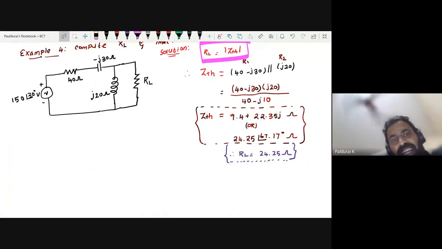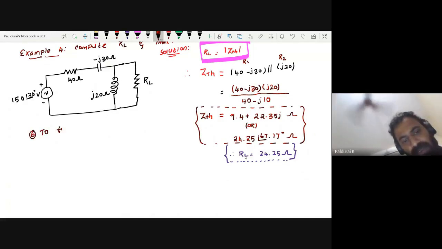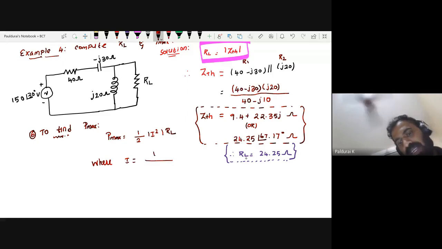After finding RL, what do you want to do? To calculate Pmax, right? So in subdivision B, to find Pmax, you know the formula: it is given by half I squared RL, where I, after finding VTH, equals VTH divided by ZTH plus RL.